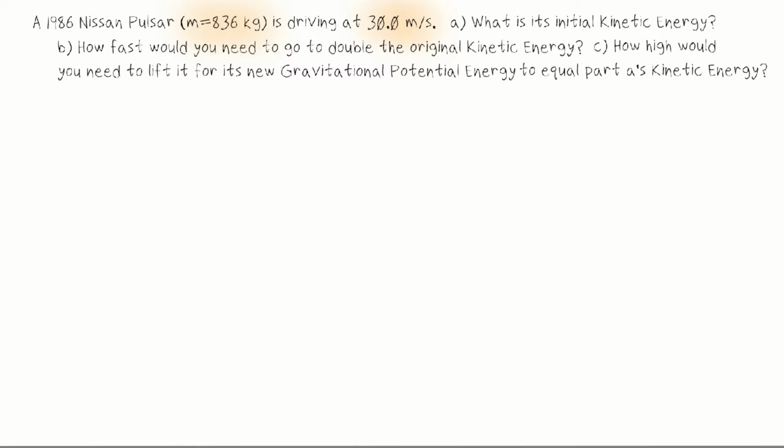In terms of our unknowns, we want to know the initial kinetic energy, how fast we would need to travel to double the original kinetic energy, and then how high we would need to go to lift it for its new gravitational potential energy to equal part A's kinetic energy. So, some key ideas in there that we want to keep an eye out for while we're solving. And we'll just get going here then.